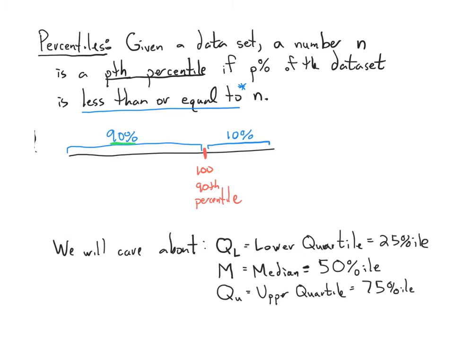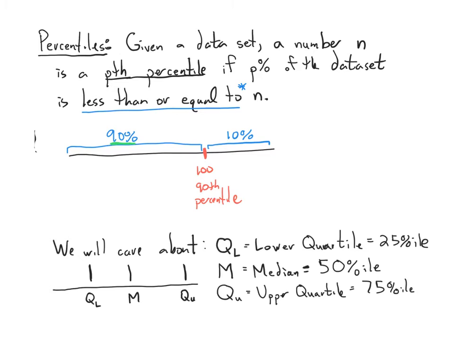The way it's going to look is as follows. Basically, we're going to have these dividing lines: our lower quartile, our median, and our upper quartile somewhere.